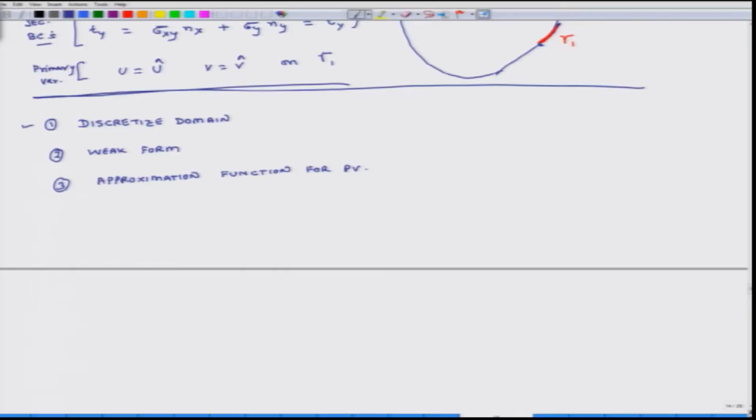This is the first approximation, this is the second approximation. Once we do this approximation for primary variables, we get finite element equations. For each element we get a set of equations. Then what do we do? Assembly.